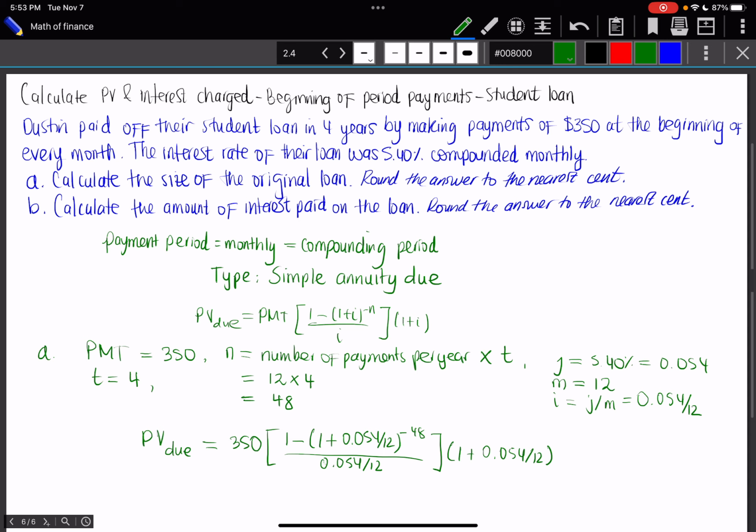And when we use a calculator to compute this value, we want to use an expression like 350 times, then bracket, 1 minus bracket, 1 plus 0.054 divided by 12, close bracket, raised to the bracket minus 48, close bracket, again, divided by open bracket 0.054 divided by 12, and then close bracket.